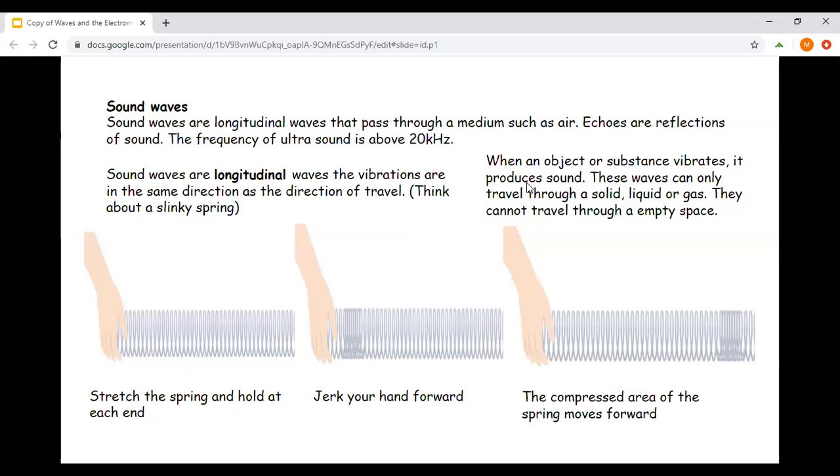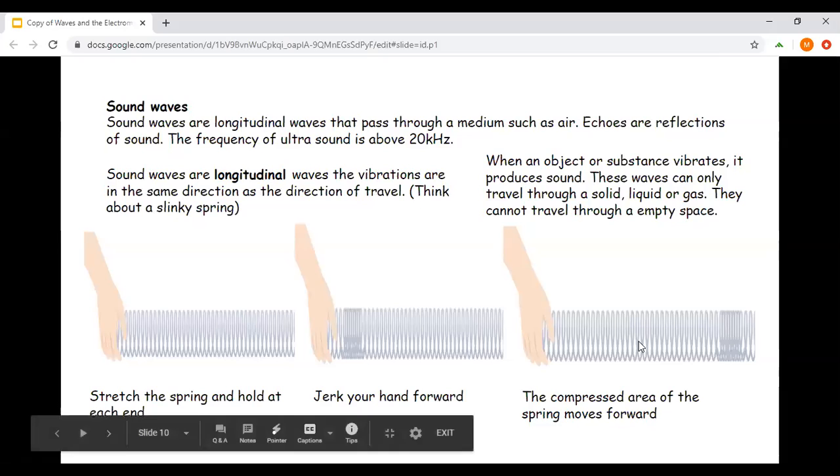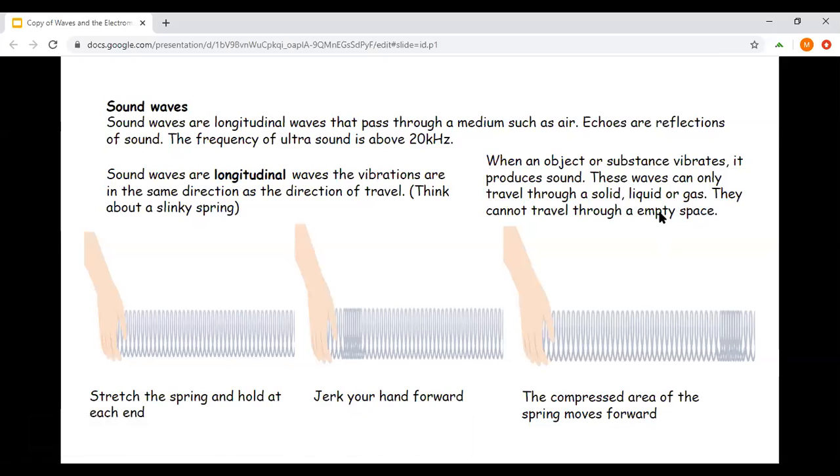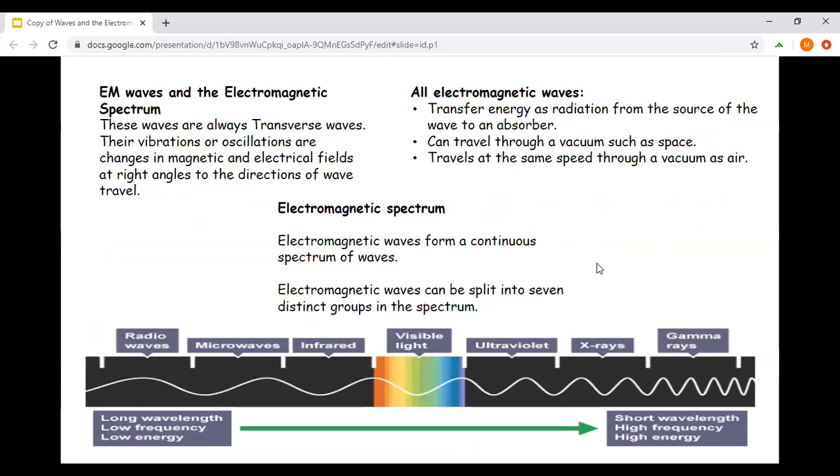You stretch it out, you jerk your hand forwards, and you get the compression moving along the slinky. When an object or substance vibrates, it produces sound, and these waves travel through a solid, liquid, or gas. They cannot travel through an empty space or a vacuum because there are no particles to vibrate.